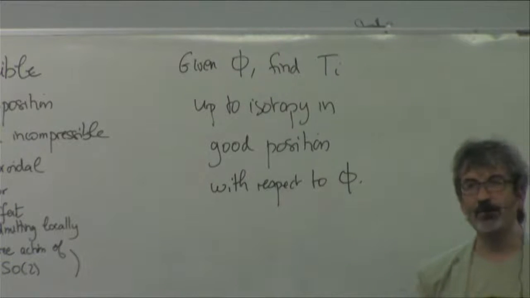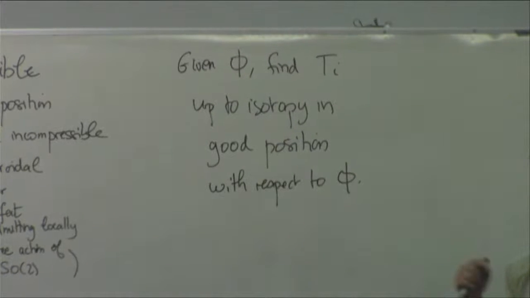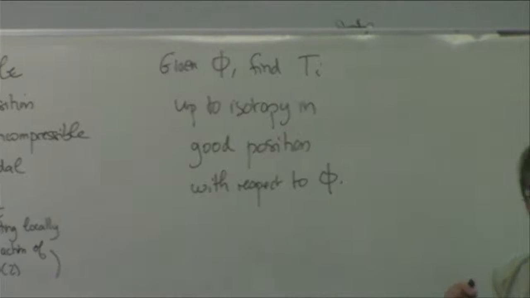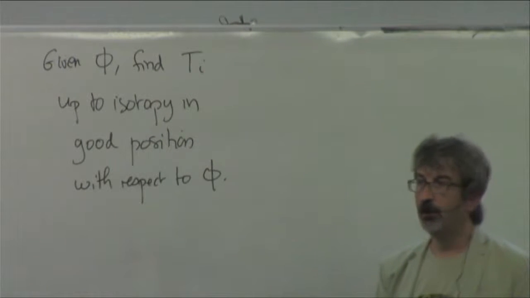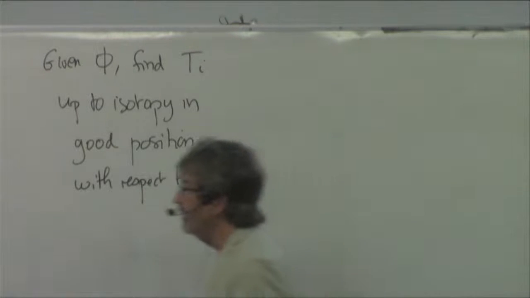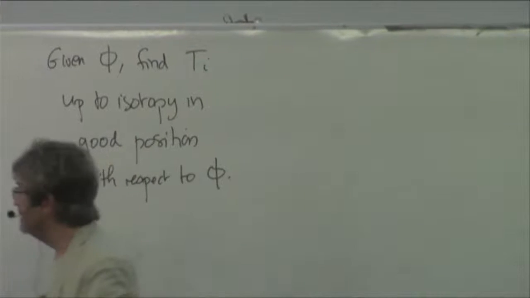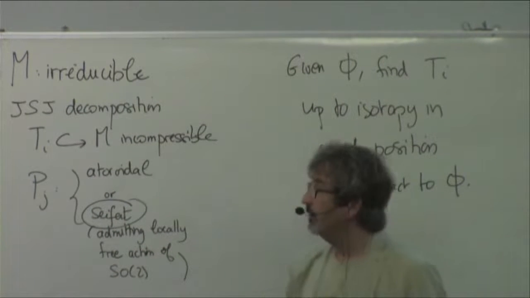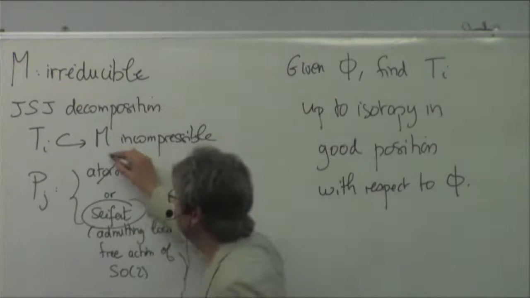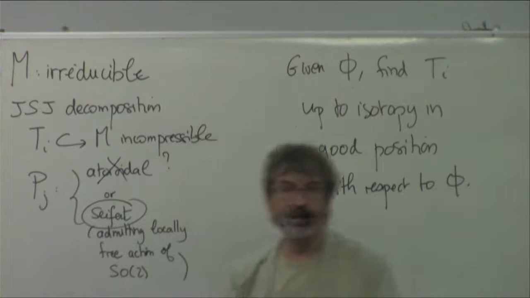The second step is to understand how the Anosov flow behaves inside every piece. We have a quite complete description in the case where the piece is Seifert. When the piece is atoroidal, I don't know myself of any very interesting thing.